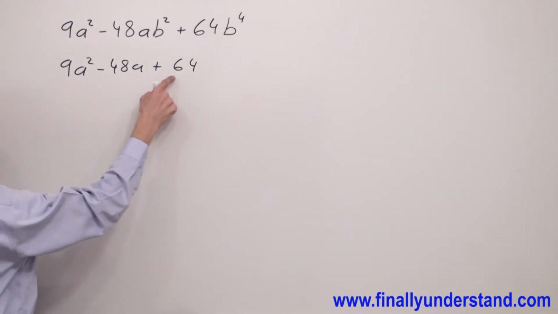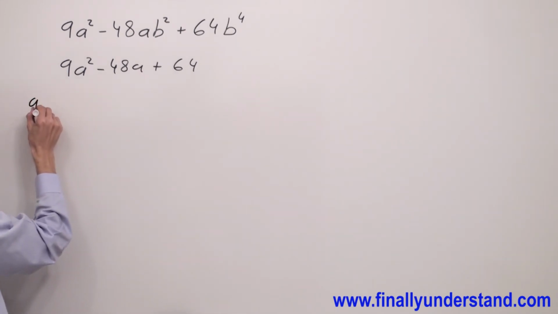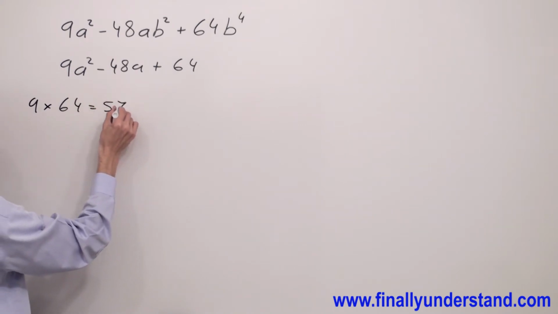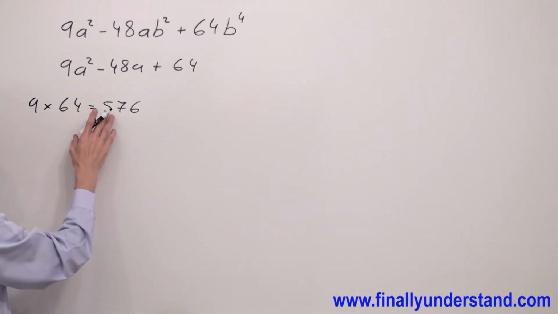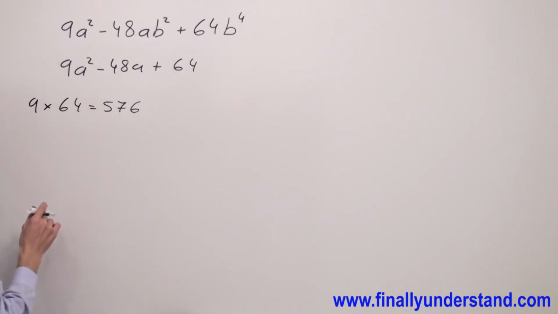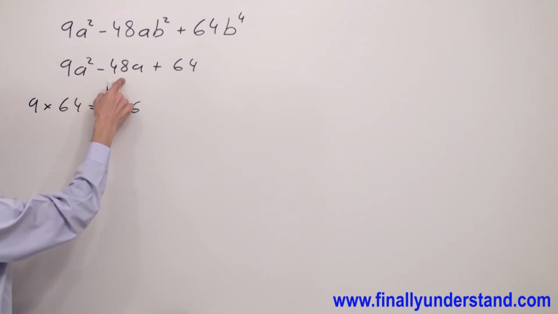9 times 64 is equal to 576. Next, I'm supposed to ask myself the question, what two numbers multiplied by each other are going to give me 576, and the same numbers added to each other are going to give me negative 48.